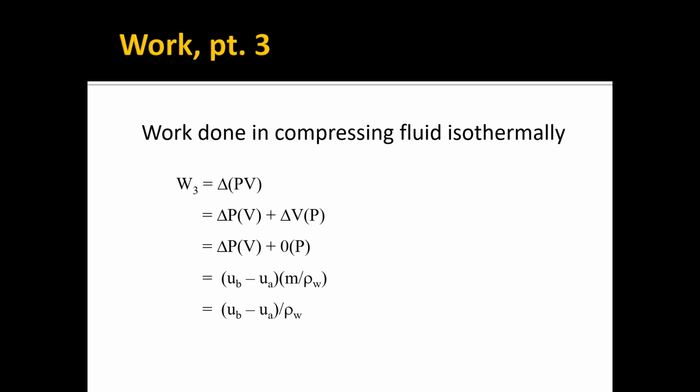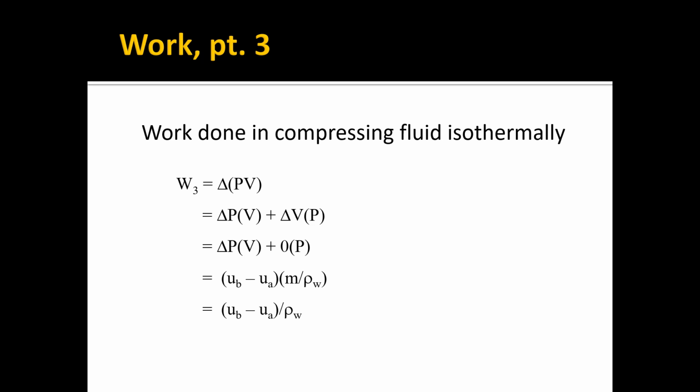Finally, part 3, the work done in compressing the fluid isothermally. Maybe as you move from point A to point B, we change the volume of the mass. Isothermally means without changing the temperature, so we're not adding any heat or energy through heating it. We're just looking at compressing the fluid.